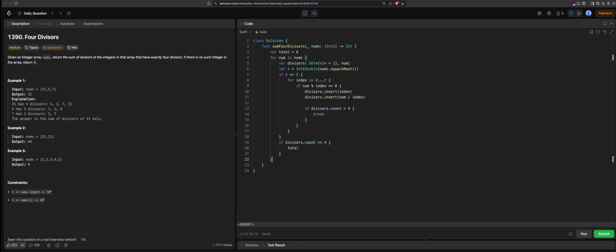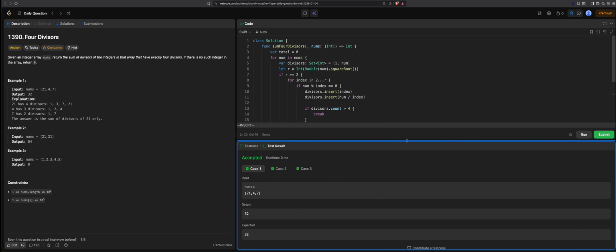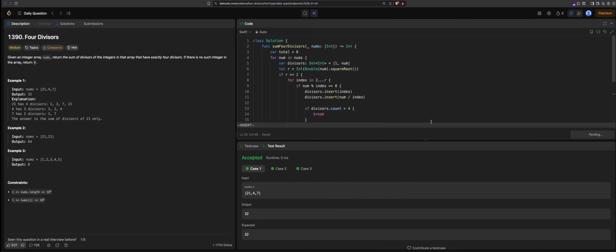We return the total, and we need to use reduce here, divisors dot reduce with 0 and plus. That could save time. Let's check whether it solves all the problems, and let's try to submit.